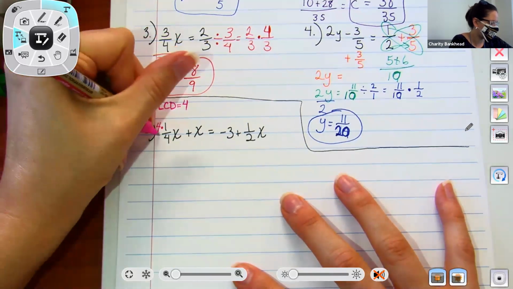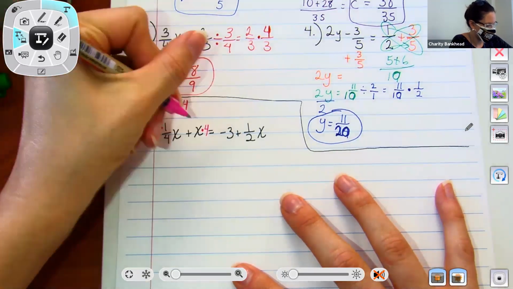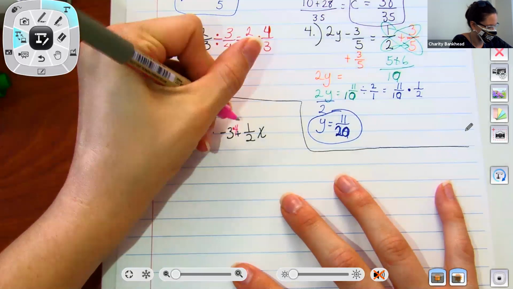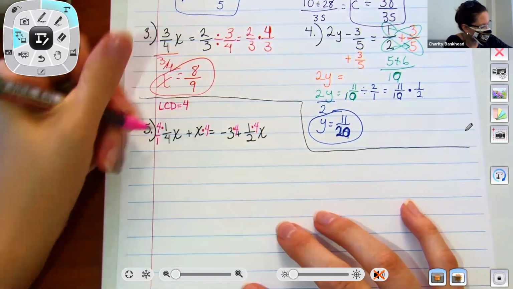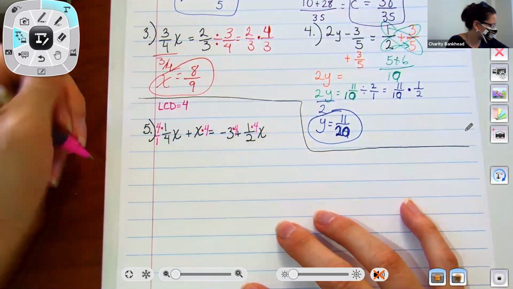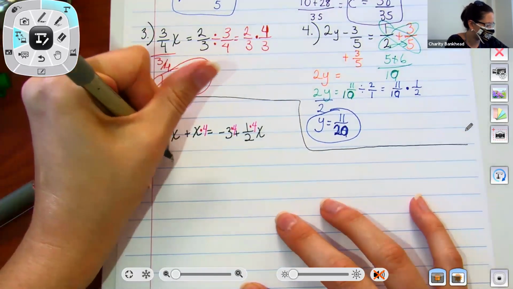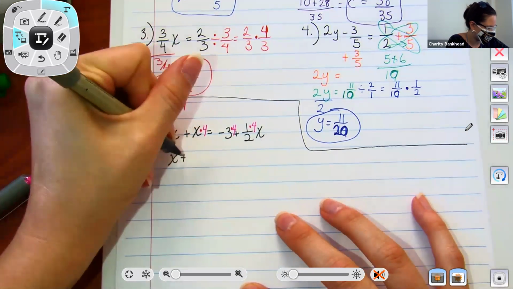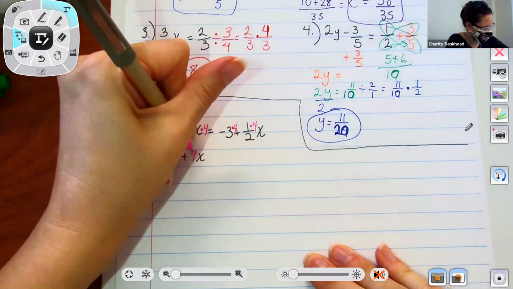And if you want to call that 4 over 1, you can, but either way, it's the same thing. So 4 multiplied by 1/4, that's just going to cancel out. So from there, I could just bring down an x plus, and then x times 4 is 4x.